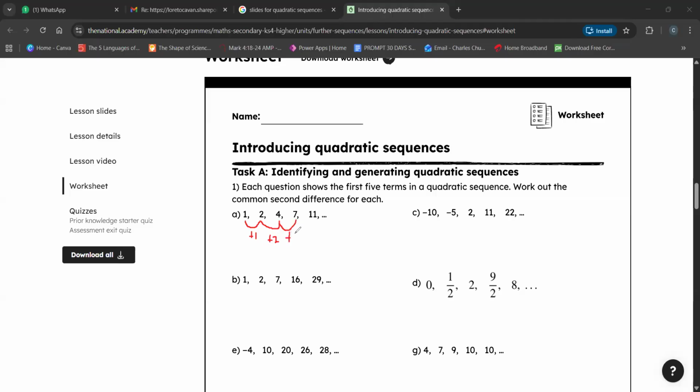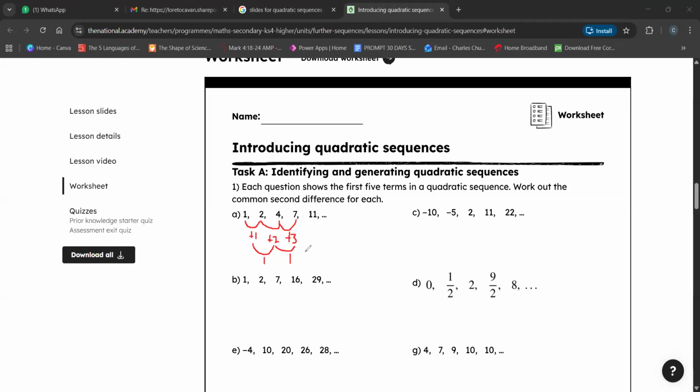So yes, this difference is not common, but there's another difference between the differences that's common. That's 1. The difference between 1 and 2 and 3 is 1. So when you find this kind of scenario, then you have a quadratic sequence.